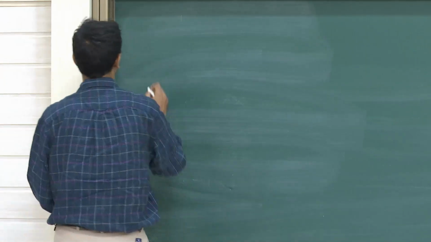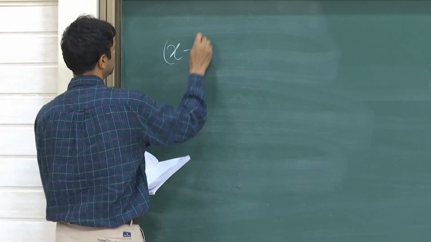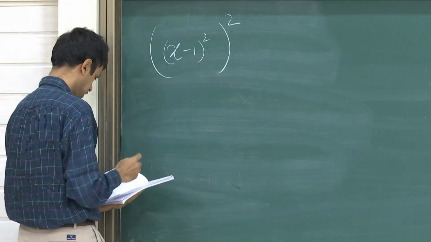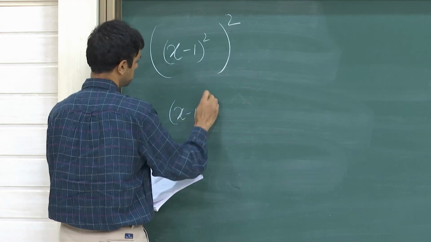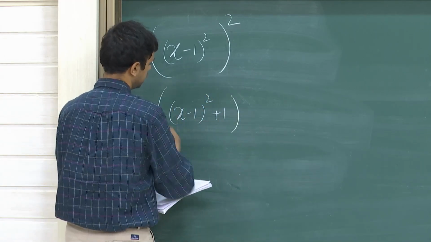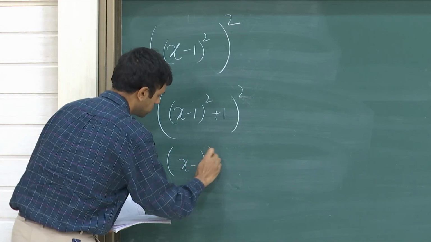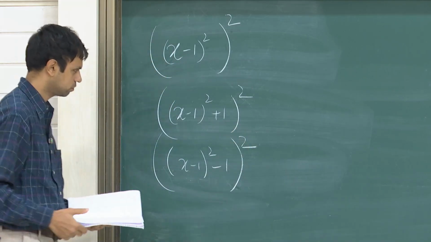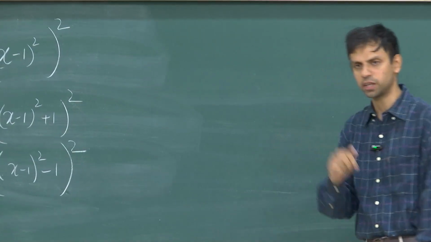So first function is (x minus 1) whole square, then (x minus 1) whole square plus 1, and (x minus 1) whole square minus 1, whole square, alright. Very simple, 3 functions in one variable.